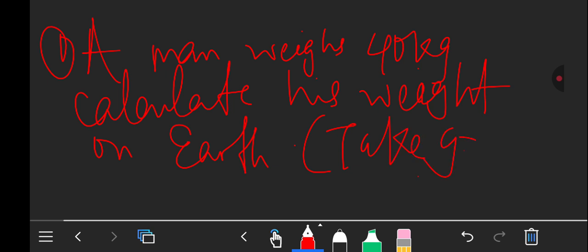In this case, let's say the gravity on Earth is somewhere around 9.8, or let's say the gravity is 10 meters per square second, but it is taken as 9 point something. Okay, that's the gravity on Earth.